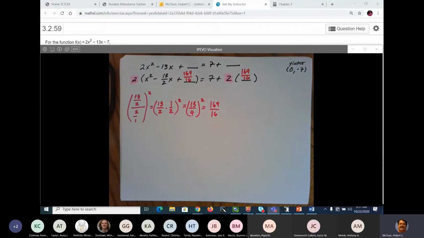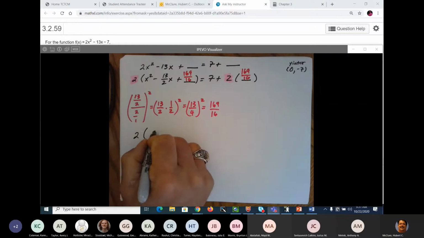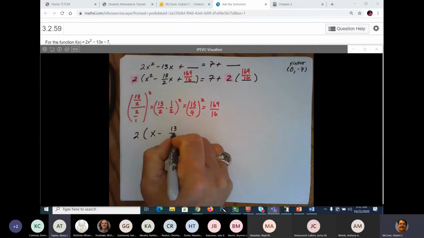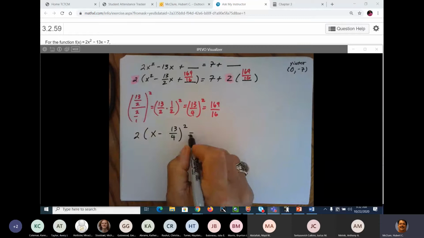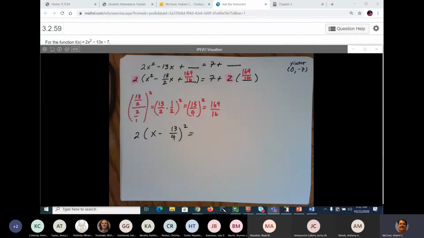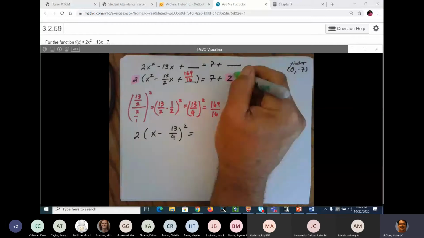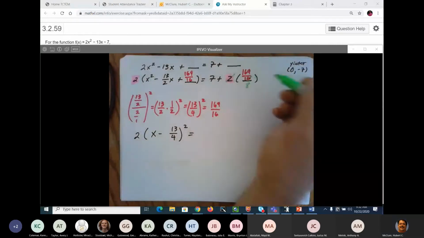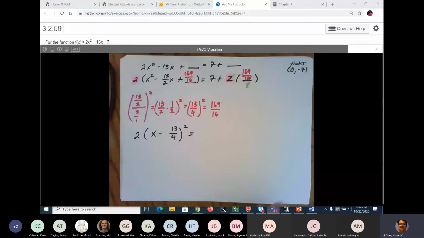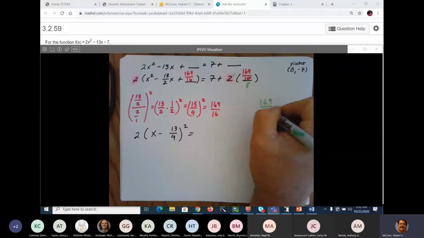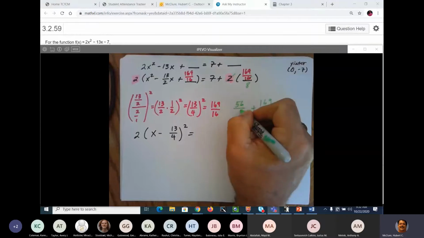And on the left side, that's shortcut number 2. I'm going to go up here with a different color and do the right-hand side. So that 2 will cancel the 16 to an 8. Now we've got 169/8 plus 56/8.